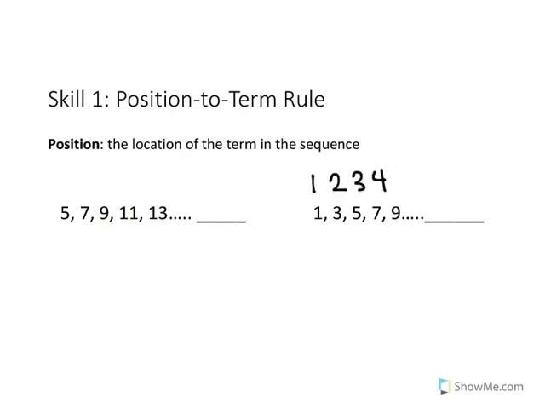So let's do the second one. Label your position. Okay, second, what is term to term? It's going up also by 2 each time. So that means my term to term is plus 2. So what that means is I have to take my position, multiply it by 2. So 1 times 2 makes 2. But how do I get to 1?